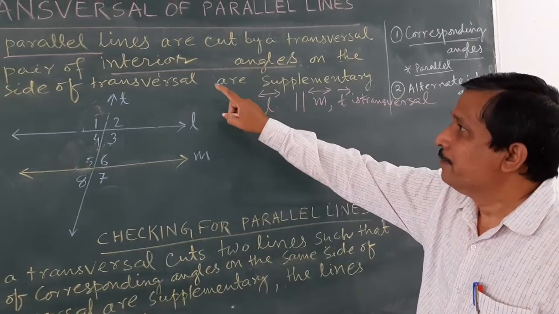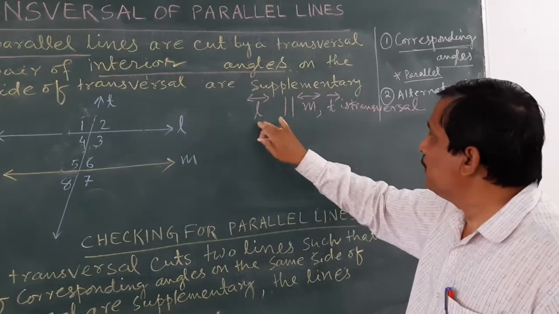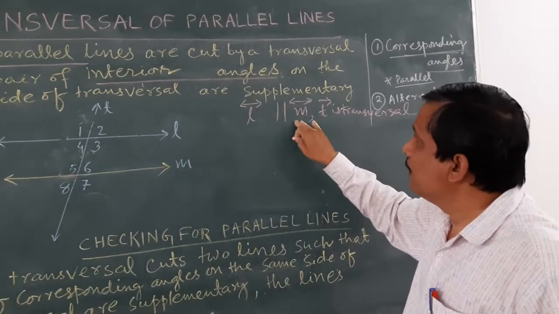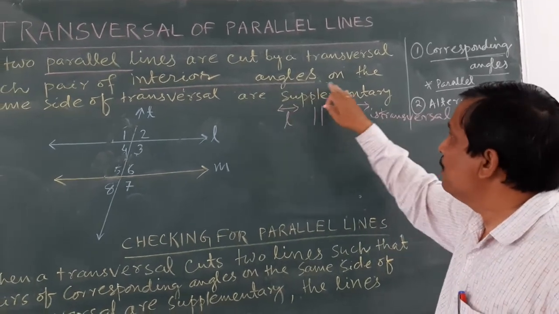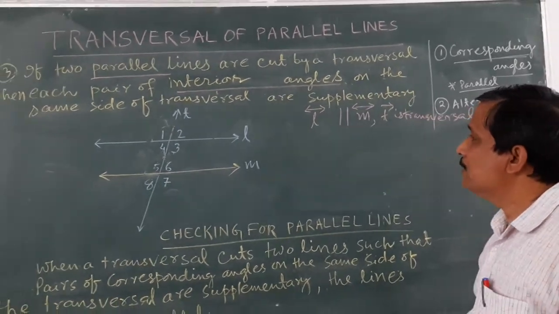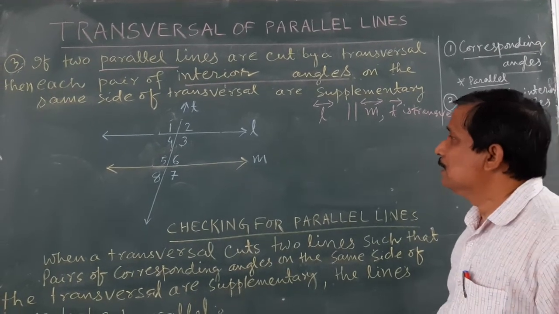So here it is given: two parallel lines, which two parallel lines? Line L and line M are cut by transversal T. Then each pair of interior angles on the same side of the transversal are supplementary.